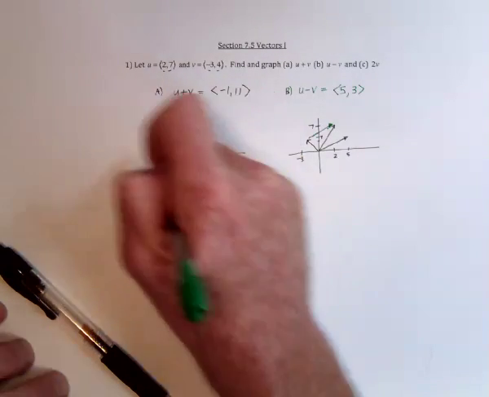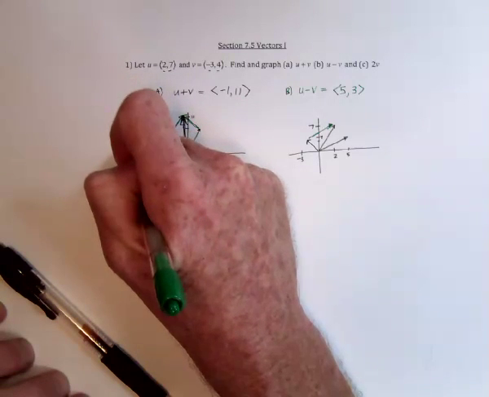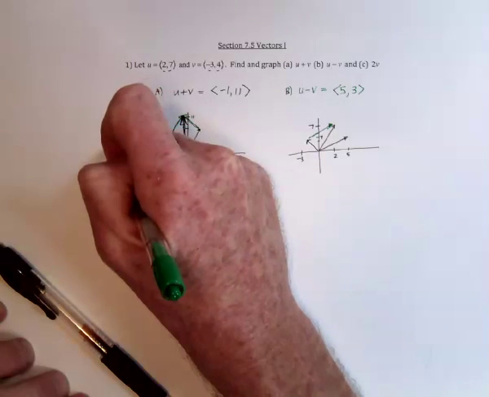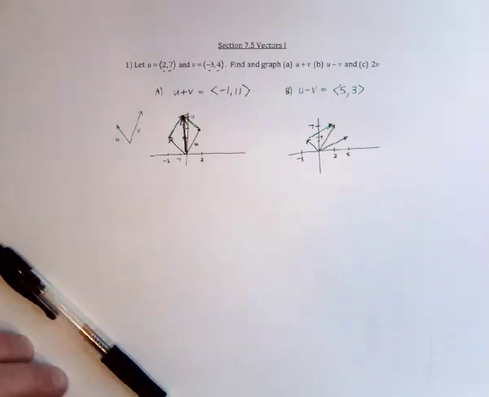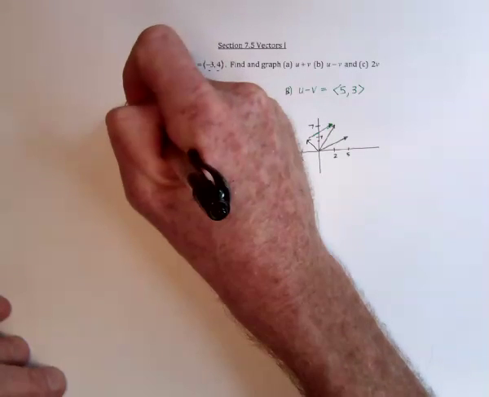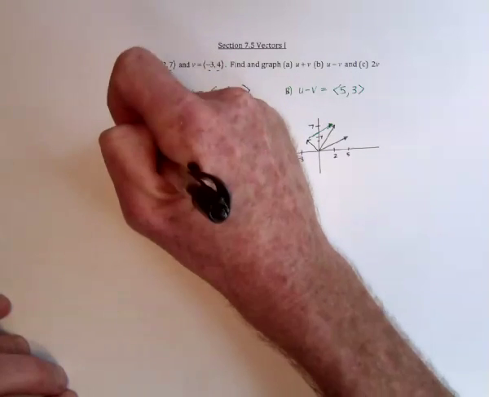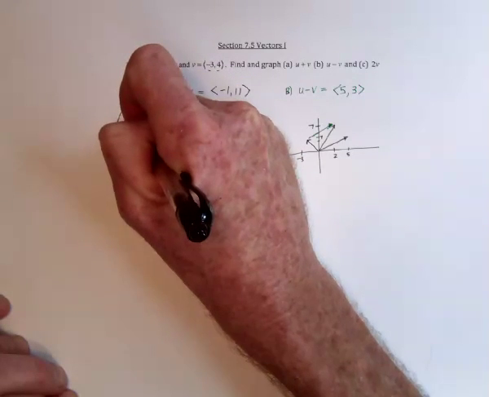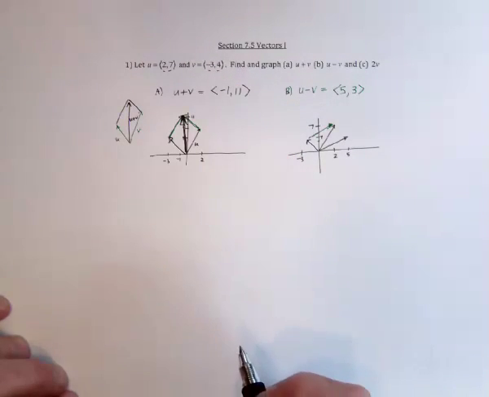So if you have two vectors u and v, then make a parallelogram out of that, and when you add them together, that's going to be the diagonal of the parallelogram.